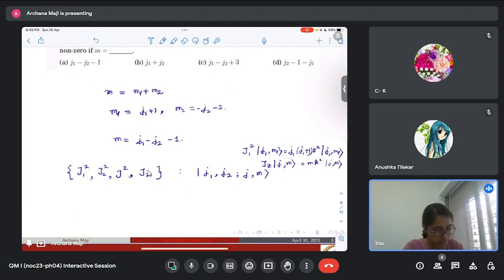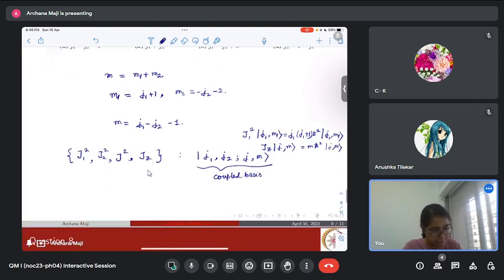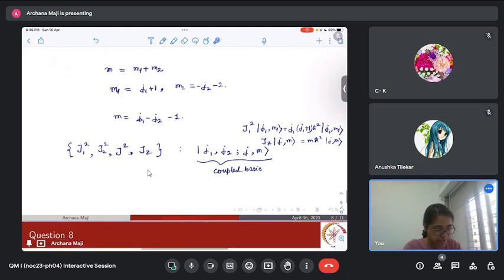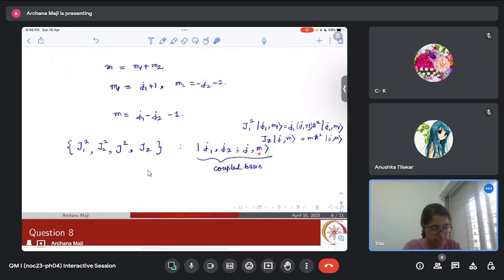So this is one basis that we call the coupled basis, because here you don't know what m1 and m2 are explicitly, you only know m, that is the total magnetic quantum number.